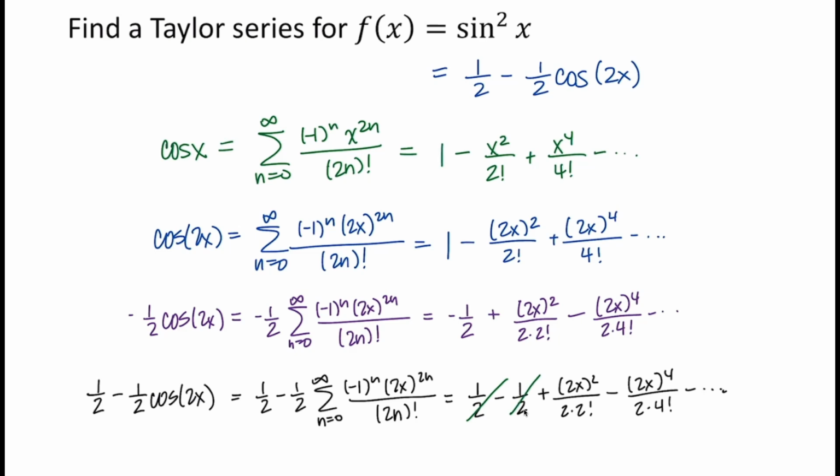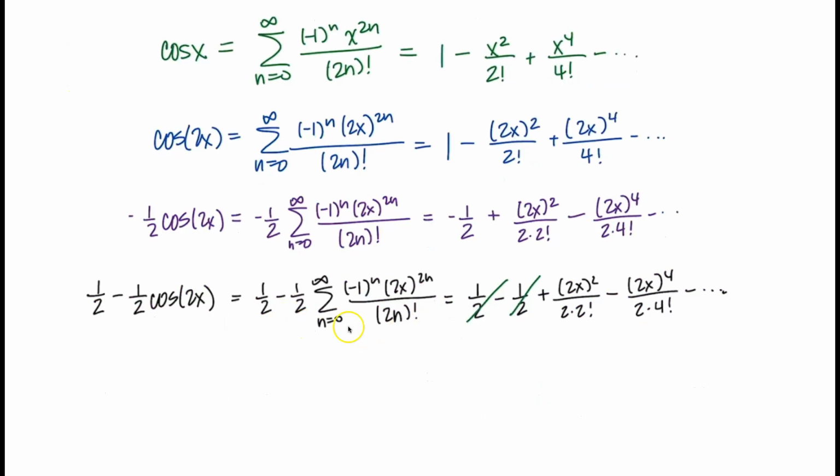But we have to be careful about what that means for the summation notation part. So I'm going to need a little more space. For the summation notation part, that doesn't mean I can cancel out 1/2 minus 1/2. What's canceling over here is the first term. So here, what I have to think about is how the first term is generated by substituting in the starting index of 0.